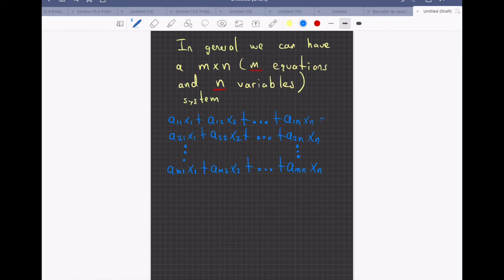And of course equal to some numbers, c1. Well, I think it's better to use b: b1, b2, and so on, bm. So this is supposed to be a system of m equations with n variables.